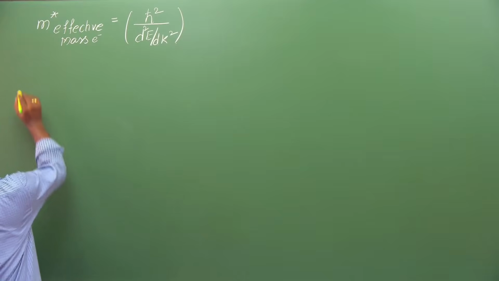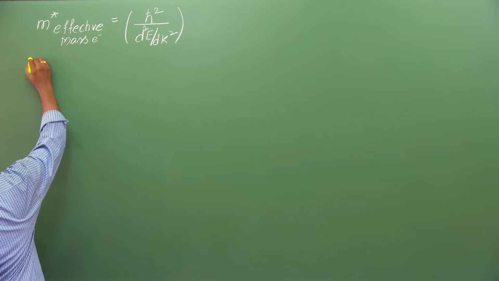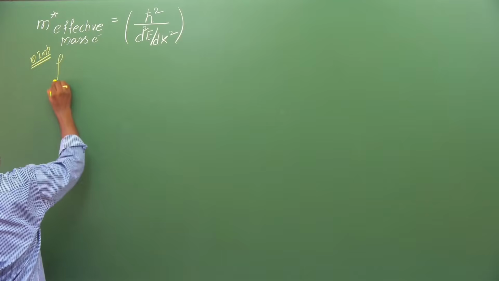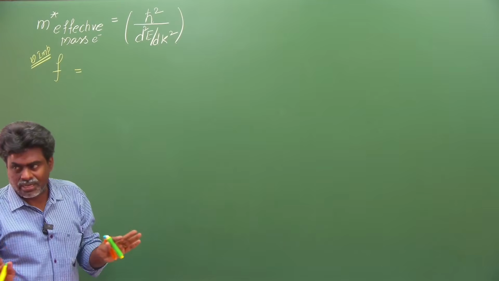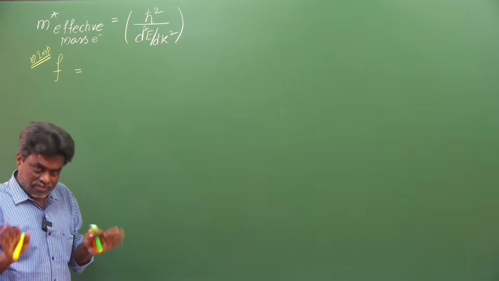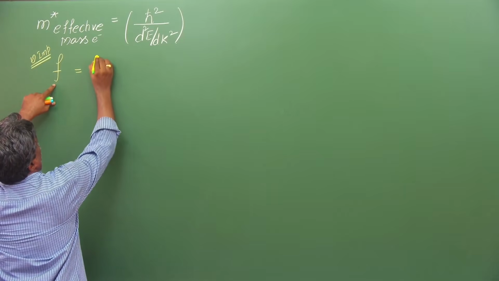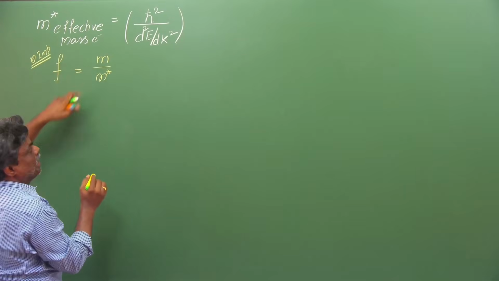Now here we are going to define one more quantity, very important. I would like to take the ratio. I am defining that ratio as F, for fraction. It's a fraction of electrons, which is the ratio of m and m star, that means m by m star.